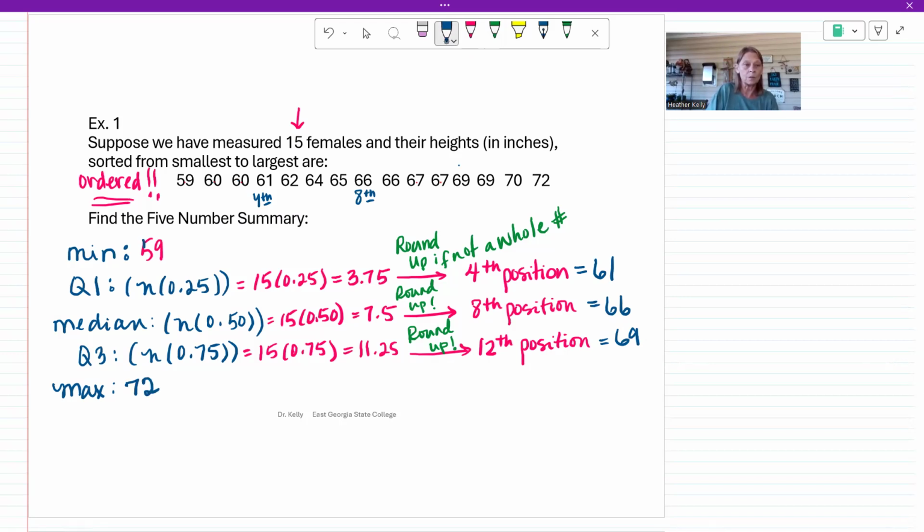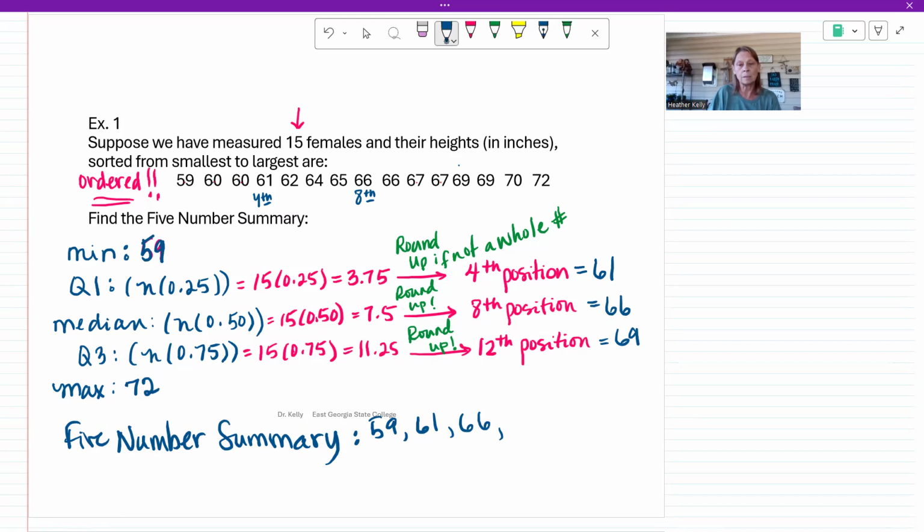Okay. I'm sorry, I used 2 different colors there. Okay, and so if we want to write our 5 number summary, we would write 59, 61, 66, 69, 72. Now there's a couple things to be noted here.